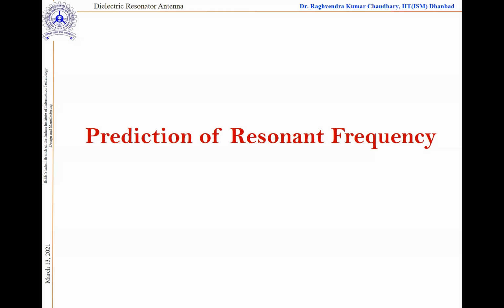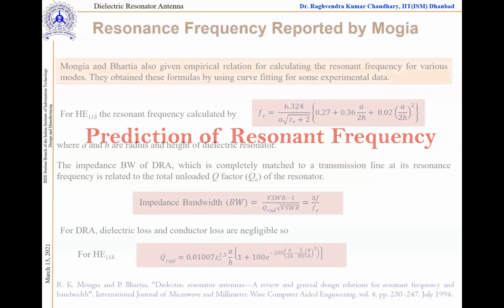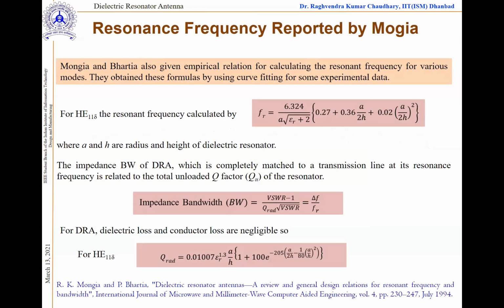There are other ways also, but the closed formula is very difficult. So what Mongia did was use the data of several experiments or simulations, and by curve fitting, he came up with some formulas.